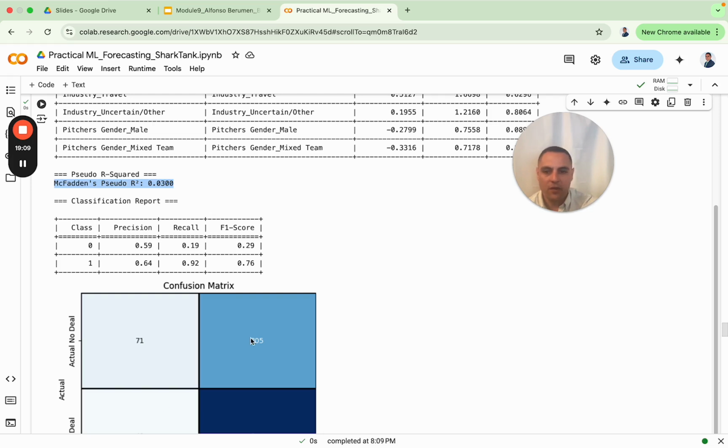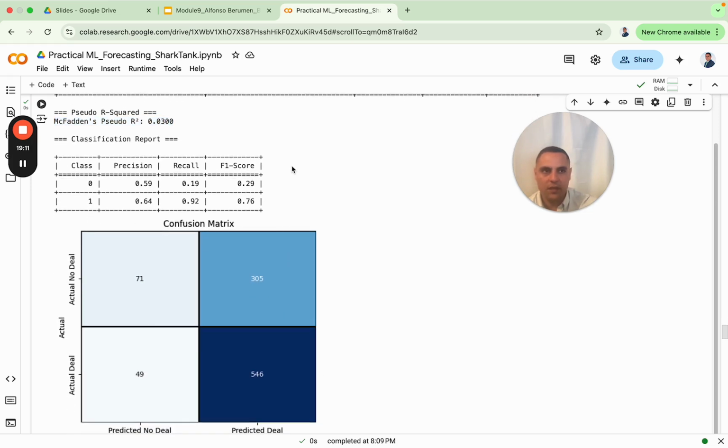And then we can look at our classification metrics, and you look at that classification report. In terms of precision, that's for the no deal. So about 59% of predicted no deals were correct. So that's how we'd interpret that precision.